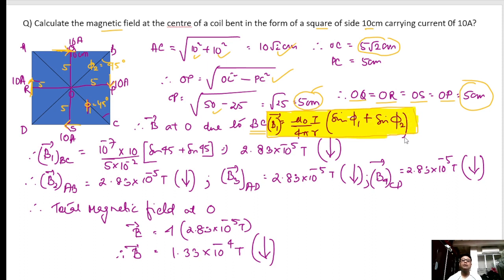Phi 1 and phi 2 are the angles subtended by the end points of the wire B and C at the center, which is 45 and 45.